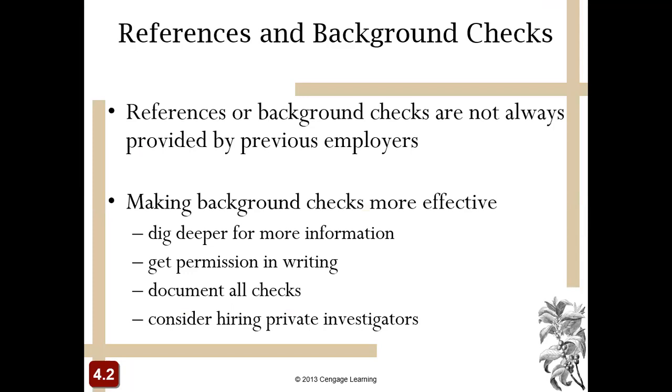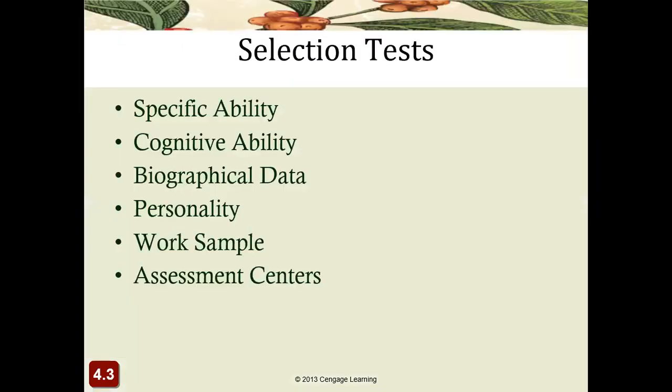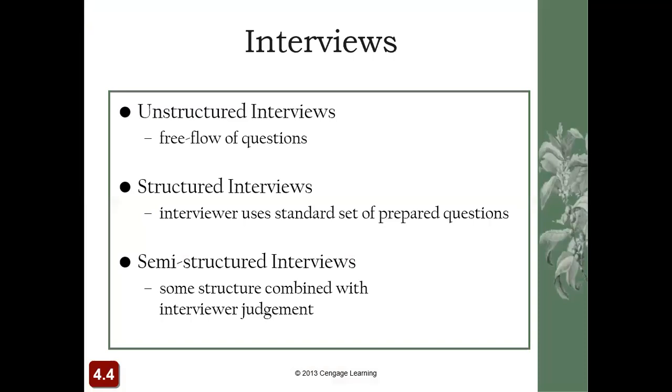They're going to do that, make sure that what you say is true, and take a little bit deeper to learn more about you. Selection test is just giving you different types of tests that you might get from them once you get to a certain stage in the application process, where they can assess whether or not you're a good candidate.